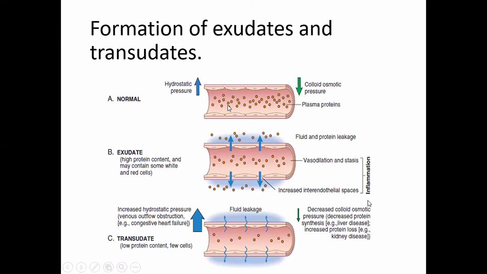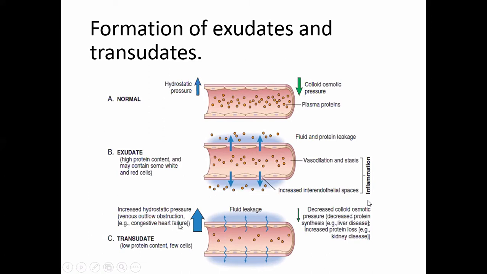So your plasma proteins and your cells stay inside. So if there is a gap, then the exudate, your fluid inside, goes out to the surrounding tissues, and also the protein molecules go out. So your exudate is an extravascular fluid high in protein concentration and contains cellular debris.